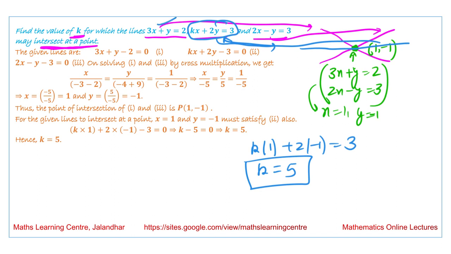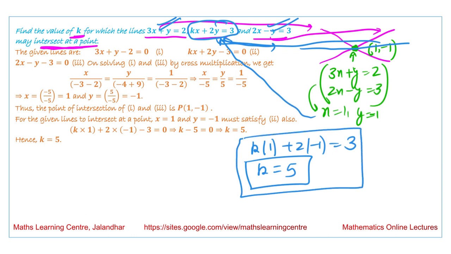So what we have done, we have calculated the point of intersection of these 2 lines. As all these three lines are concurrent, that is they are passing through the same point, this point should satisfy this third equation, and by substituting the value, we have obtained the value of k is equal to 5.